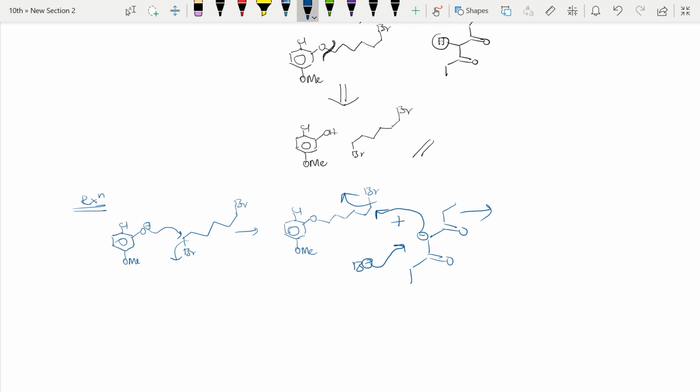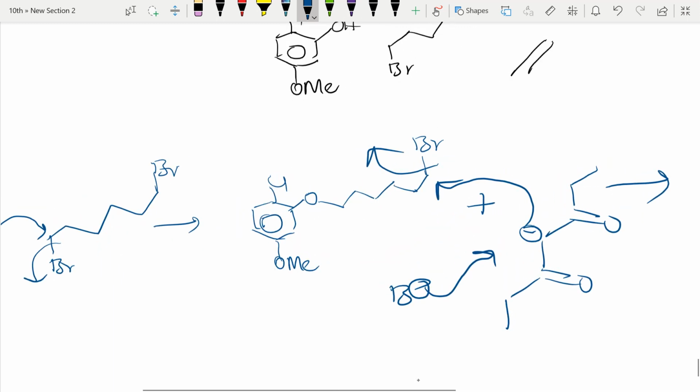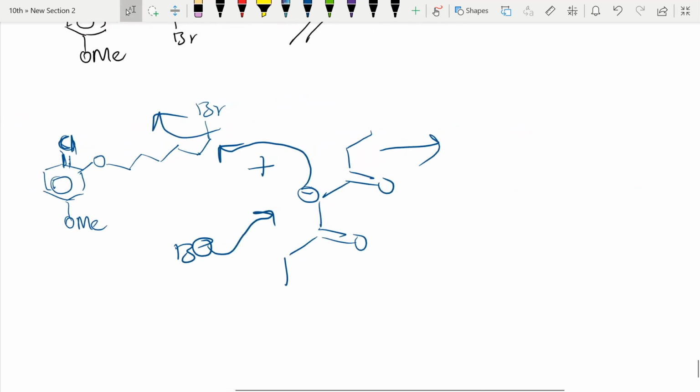And I have also told that chlorine is there. Why won't it leave? Because this chlorine is partially having a double bond here. Because of that it won't leave. So only the SN2 reaction takes place at the sp3 carbon. That thing I have also explained, right?